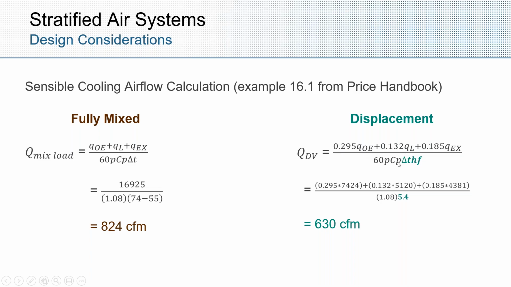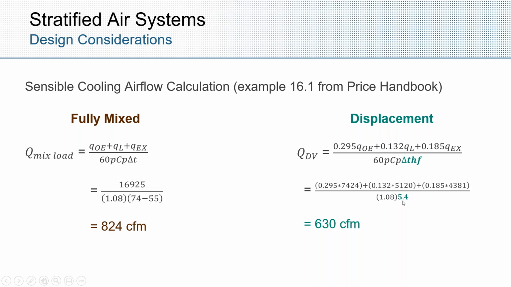And then in the denominator, our delta T is actually not the total delta T for the room. This is going to be your allowable THF, or head-to-foot temperature differential, allowed by what we commonly use, the ASHRAE 55 comfort standard.